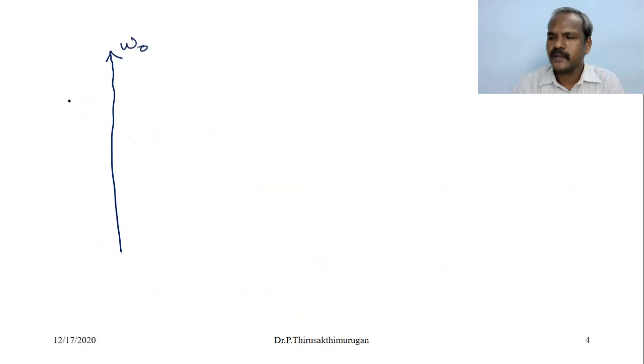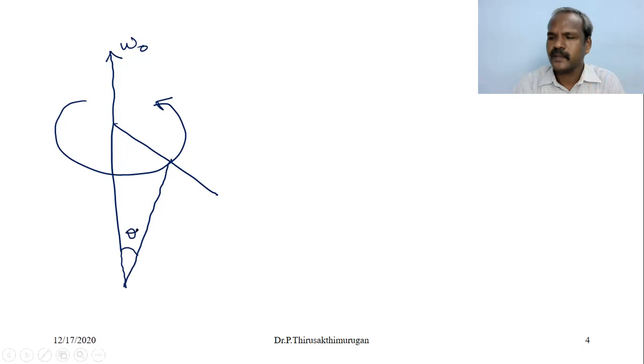See this figure: this is theta, this is R, this is omega naught, and this is a right angle to omega naught.